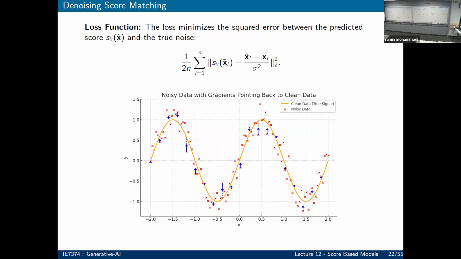Because if the point is on the real data line, it has a high probability density value. That means the gradients become smaller because you're in the dense region. When you are farther, your gradient is larger. The arrows indicate the gradient. So by moving in that direction, you try to go from noisy data to data that lies on the line where the gradient becomes small. That's the idea here.